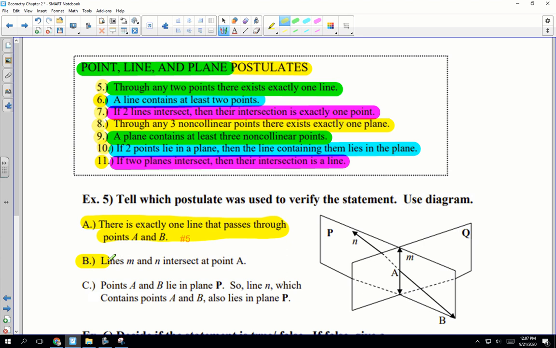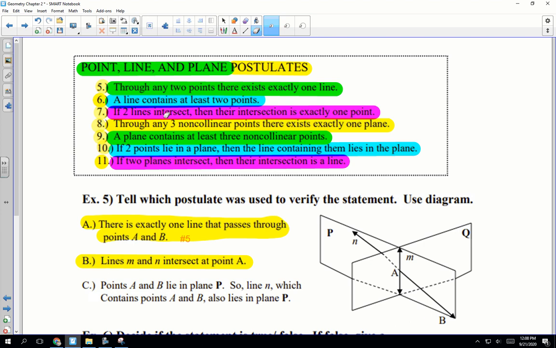Okay, for B, lines M and N intersect at point A. Let's see what that looks like. They intersect right here. So we need a statement that talks about 2 lines intersecting and 1 point. A line contains at least 2 points. No, because we need not 2 points and 1 line, we need 2 lines and 1 point.